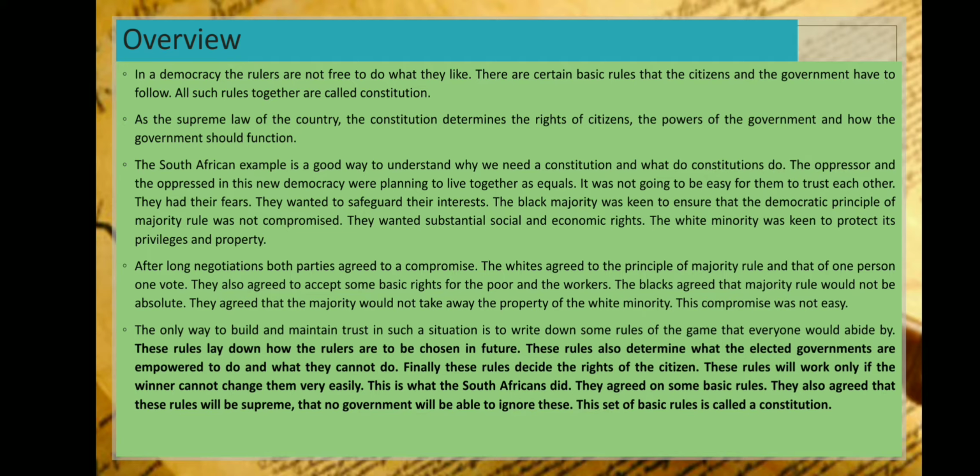Finally, these rules decide the rights of the citizens. These rules will work only if the winner cannot change them very easily. This is what the South Africans did. They agreed on some basic rules. They also agreed that these rules will be supreme, that no government will be able to ignore these. This set of basic rules is called a constitution.